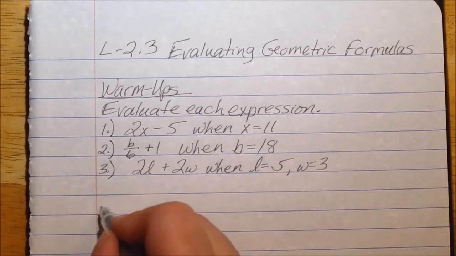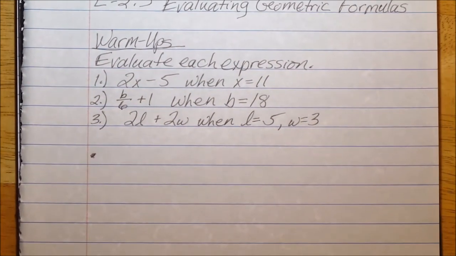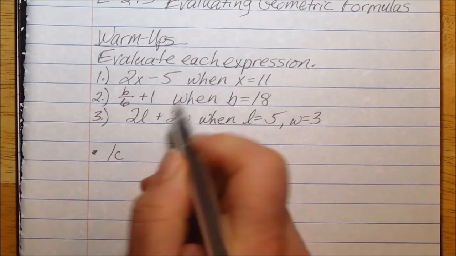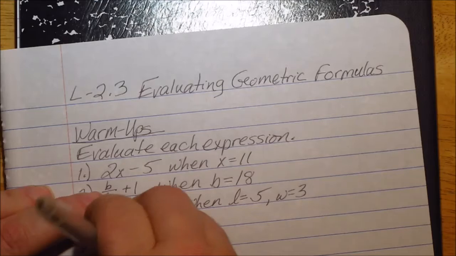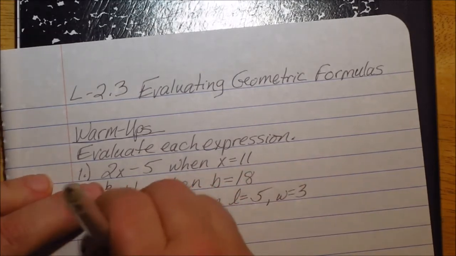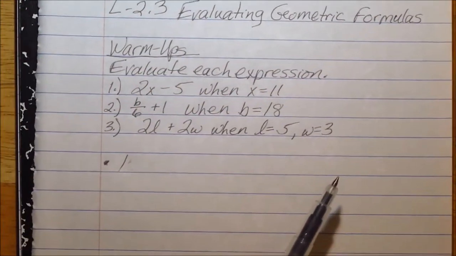I'll skip one line and put in our I can statement. And so the objective for this lesson is oops, hold on. I put that a little too close. There we go. All right, here we go. Let's try again. All right.